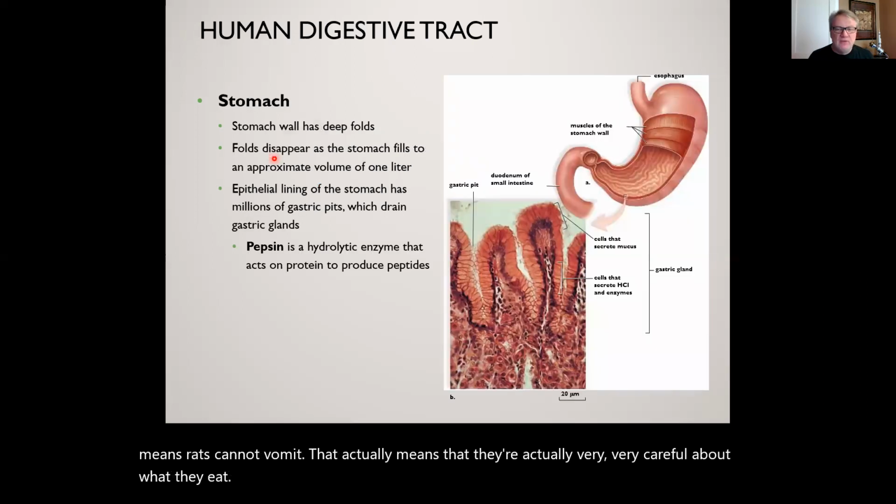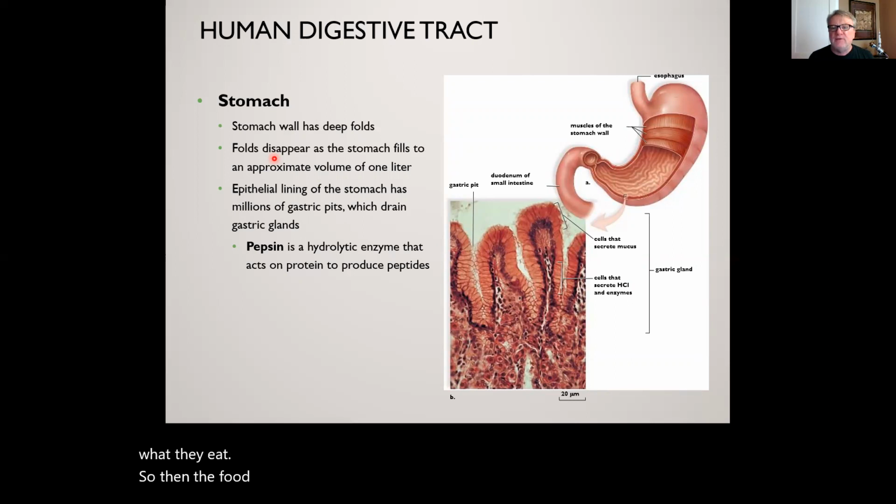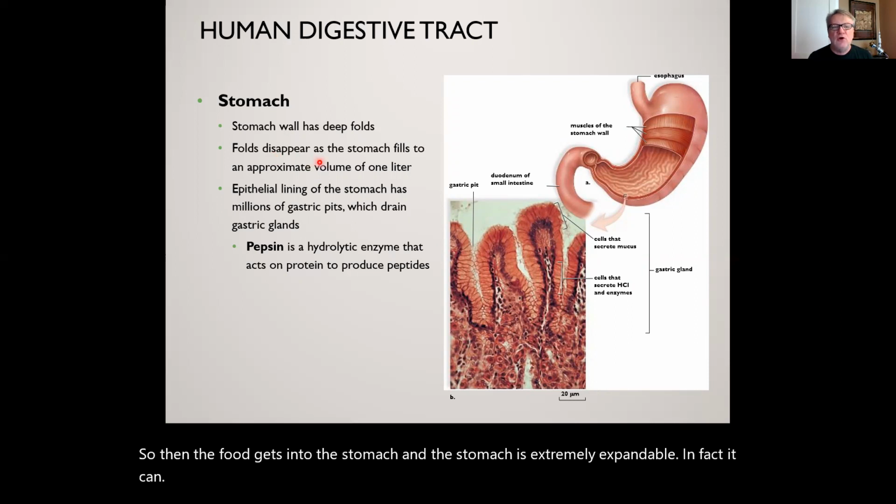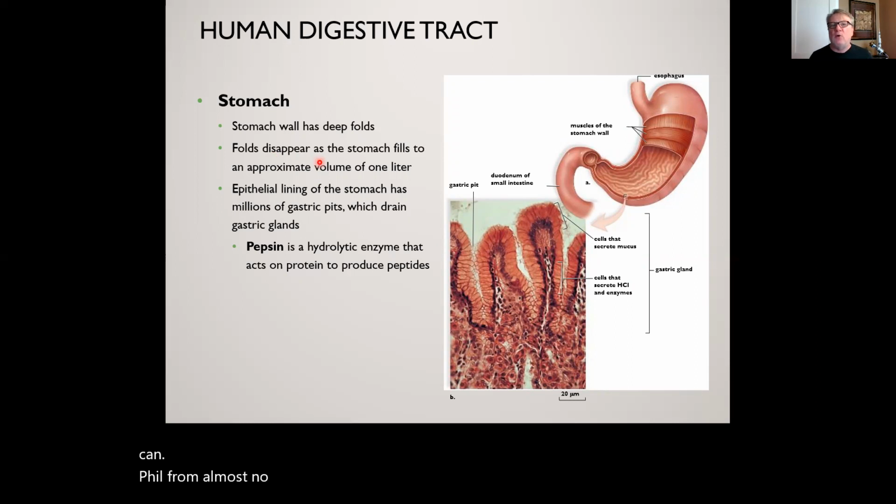So then the food gets into the stomach, and the stomach is extremely expandable. In fact, it can fill from almost no volume up to a volume of about 1 liter at a time. It is also a very muscular organ.